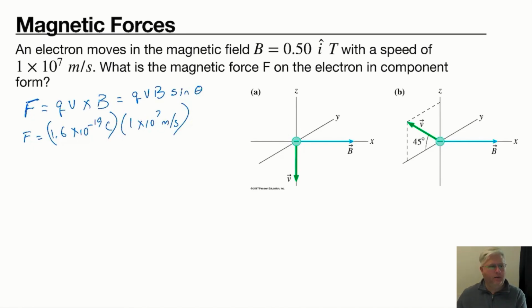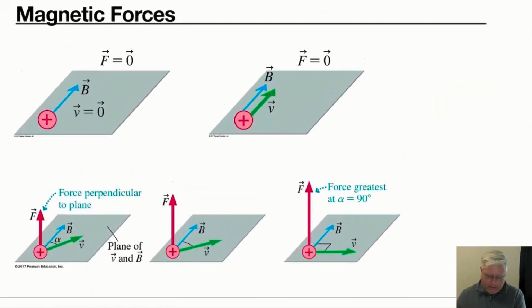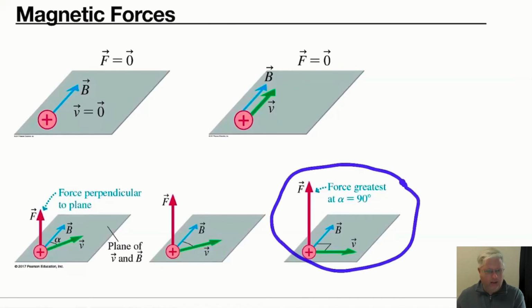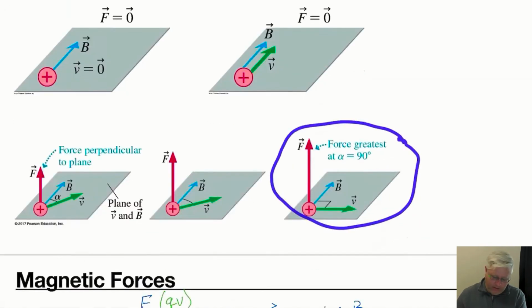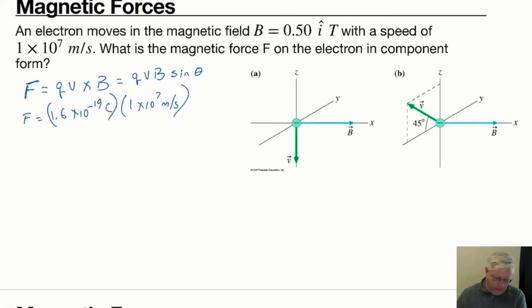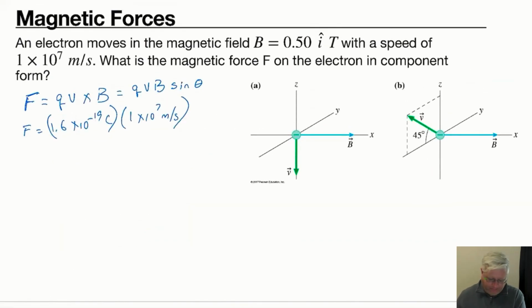What's sine of 90 degrees? 1. 1, right? So the magnetic field and the velocity are perpendicular to one another. That's what we said initially, that's when we get the greatest force, when they are perpendicular. So really this is just QV times B. We don't even have to put the 90 degrees in there because we know that they're perfectly perpendicular.